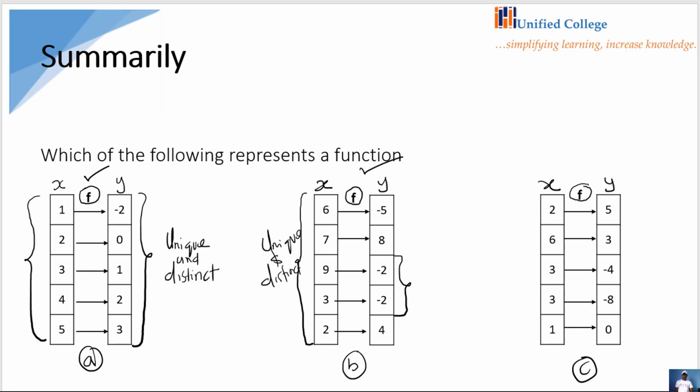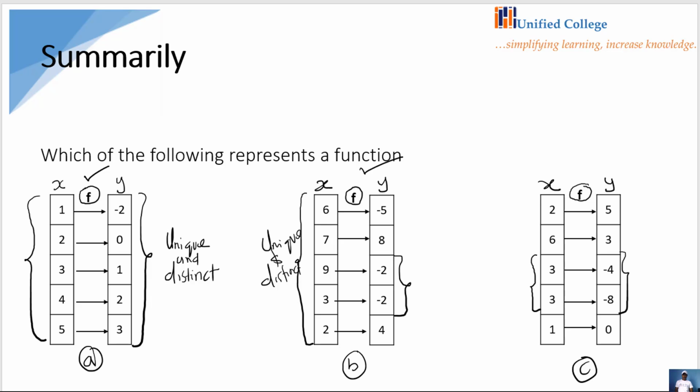Finally, you look at the x values, which are the input values here. We notice that 3 is repeated, producing different outputs in -4 and -8.